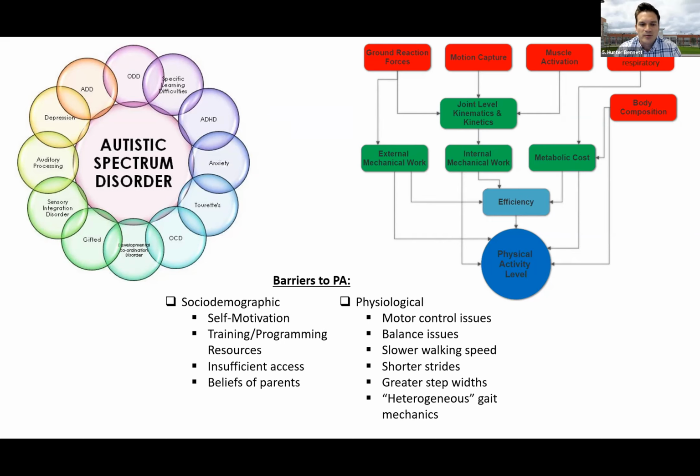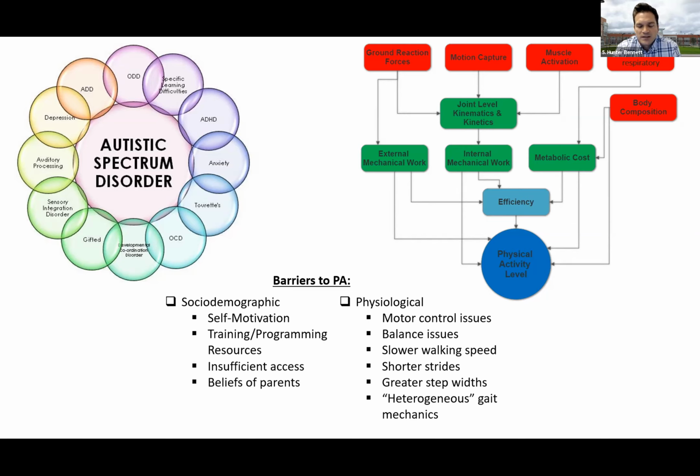And most of these stem from a socio-demographic nature. So what's the self-motivation or the beliefs of their parents, and how's that disseminated to the children on being physically active? And probably most importantly, access to adequate places to go, as well as personnel who are well trained to work with these individuals to be physically active.